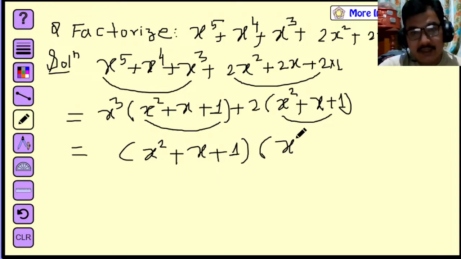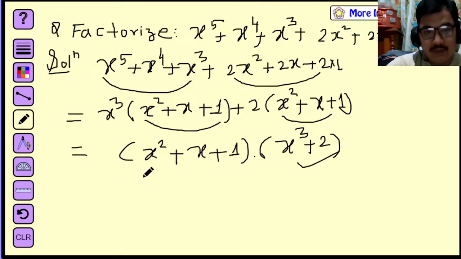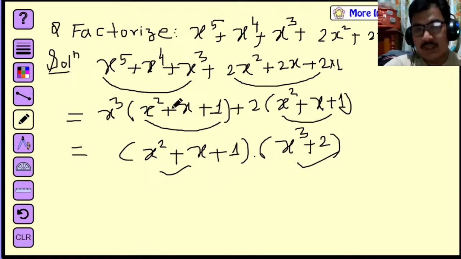Here remains x cube, and here remains plus 2, that should be written in a separate bracket. Like this we have to factorize. In this multiplication, this factor we can add first, and this factor we can add first, no problem. Like this we have to factorize this question.